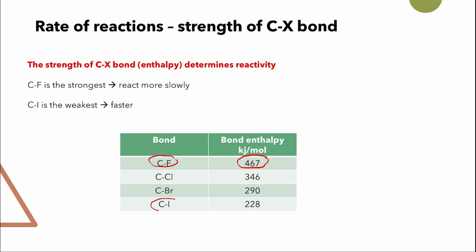And the bond between carbon and iodine has the lowest enthalpy, which means it's the weakest bond. So any alkyl iodide will react faster than the other halides. As we go down the periodic table, you're going to find there is a faster substitution reaction.